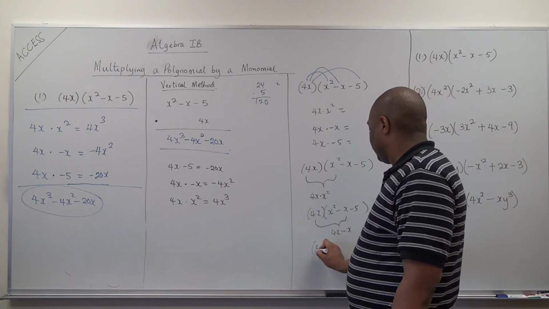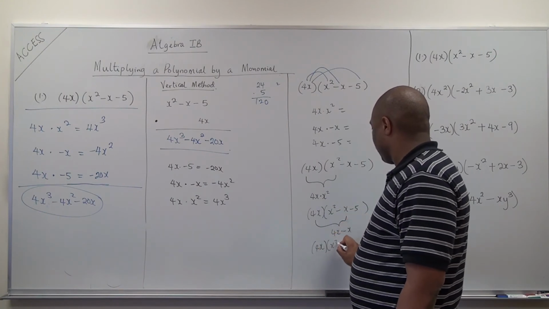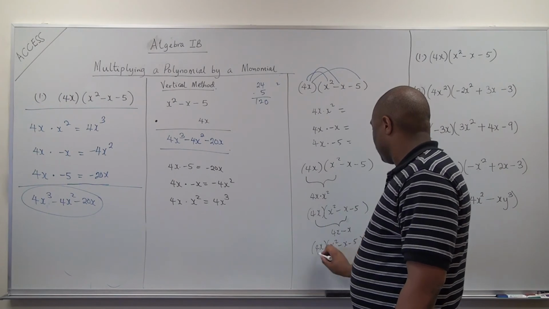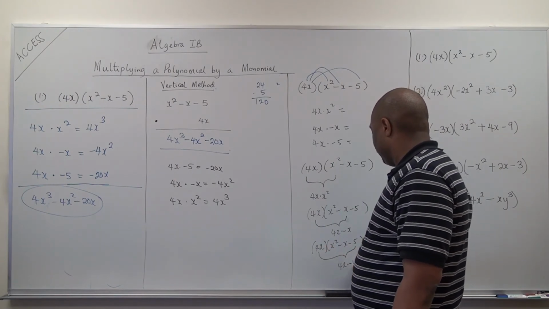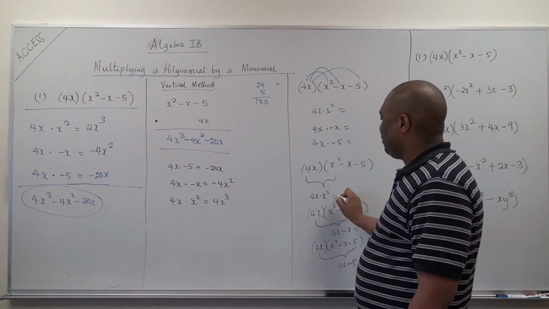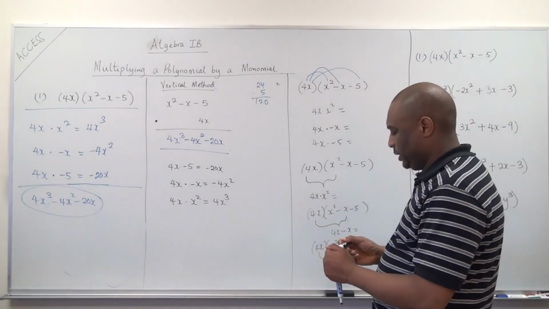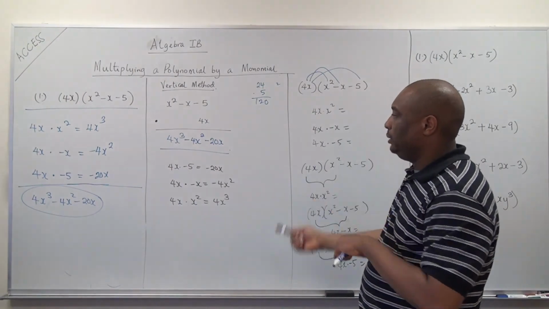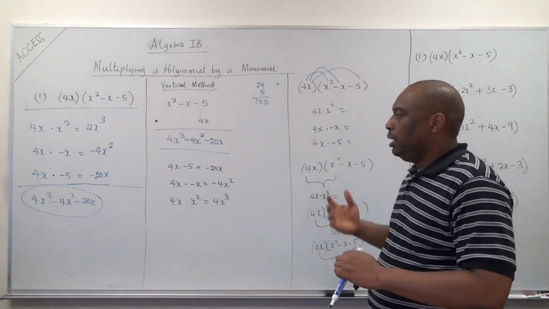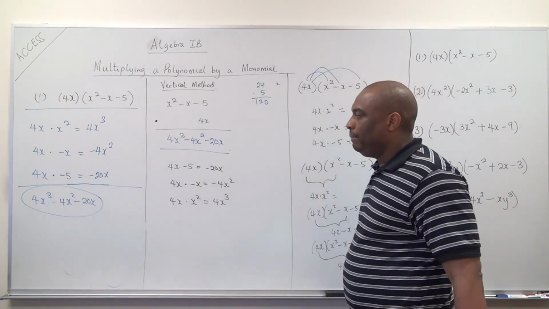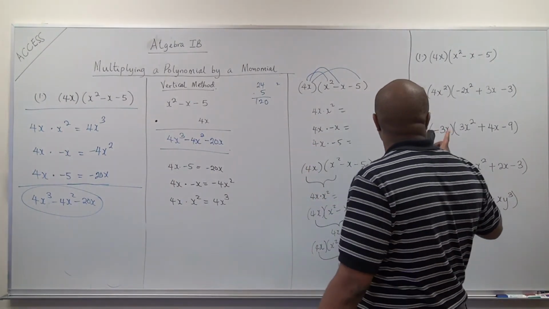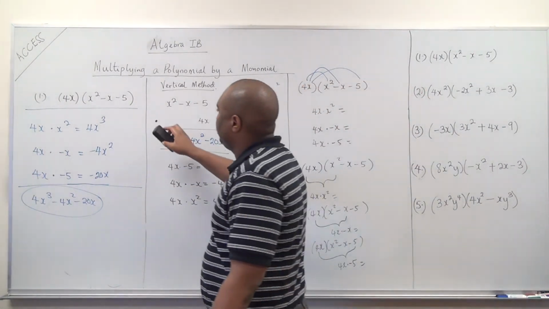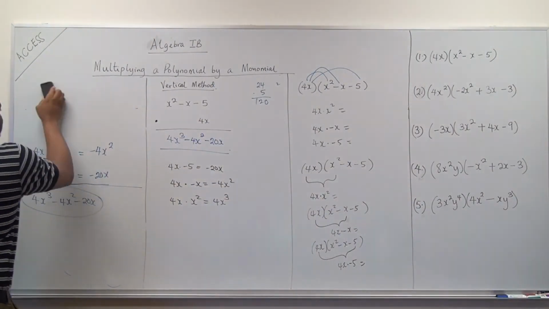And then the last one, they write again, 4x times negative 5. Whichever way is better for you, that's fine. And you add as this. But for these other questions, we will be using this method, this one. Okay? So let's go ahead and do number 2.